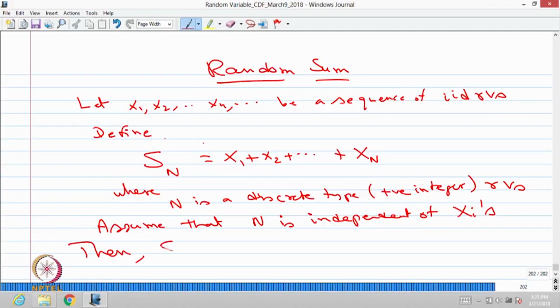Then the S suffix capital N is called the random sum. You will come across many problems of this form. We will be adding many IID random variables, and how many random variables we are going to add, that is also going to be a random variable.